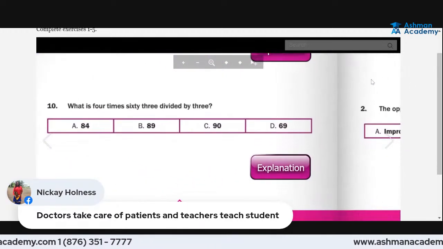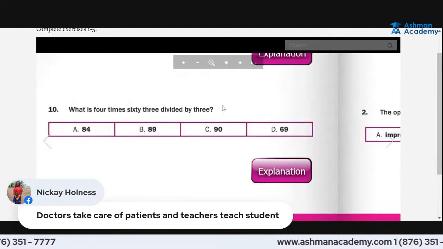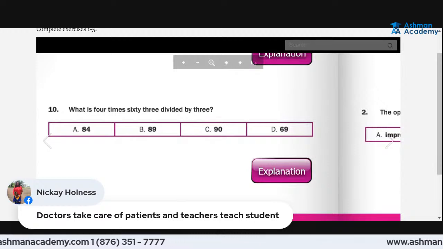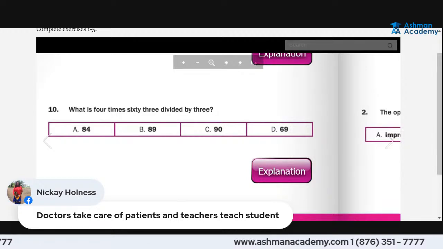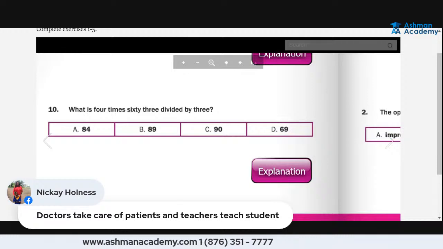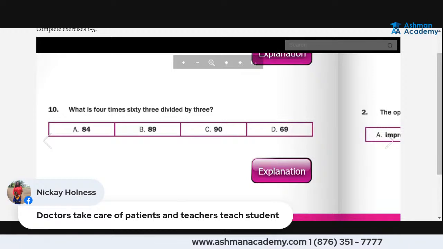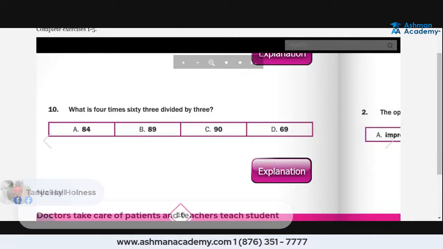All right, here's another quantitative reasoning, but this one is so easy. Let's look at this one, guys. It says, what is 4 times 63 divided by 3? All right.